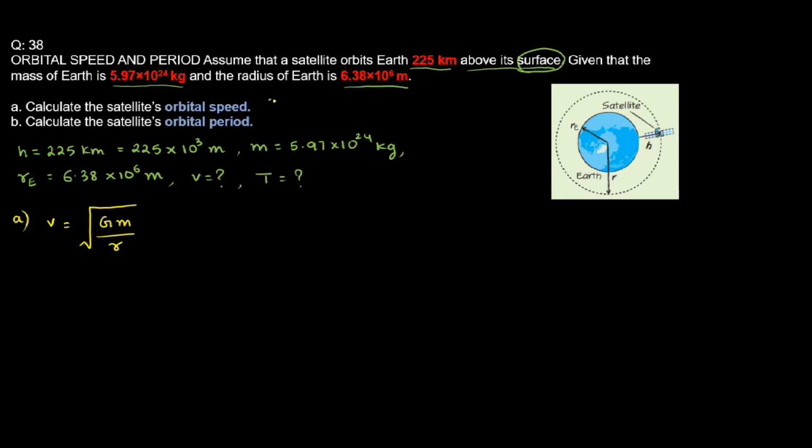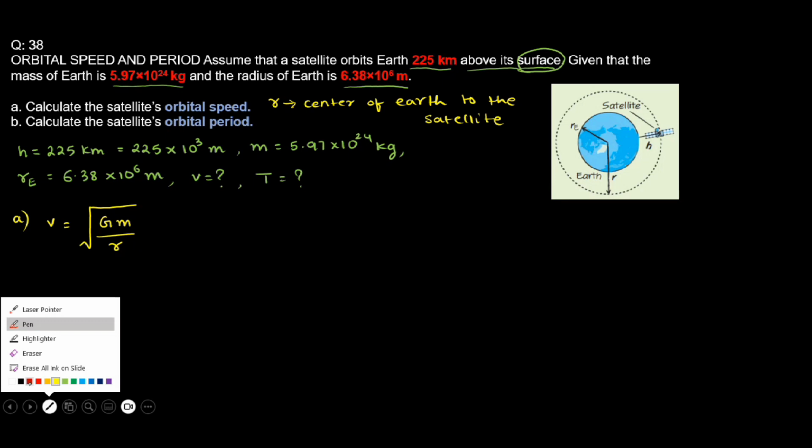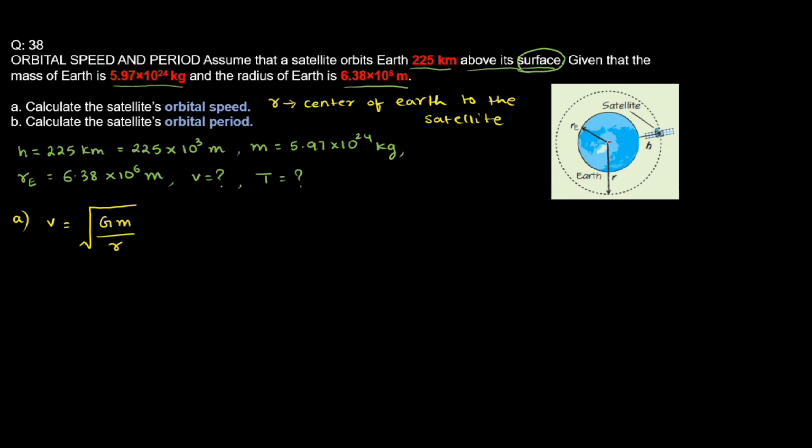So this small r in the rule for V is the distance from the center of the Earth to the satellite. So this distance r starts from the center and goes until the satellite.